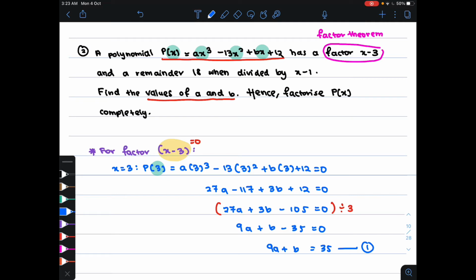Therefore, 9a plus b is equal to 35, and that is our first equation. But don't forget about the remainder 18 when p(x) is divided by x minus 1. So now we need to apply the remainder theorem for x minus 1.